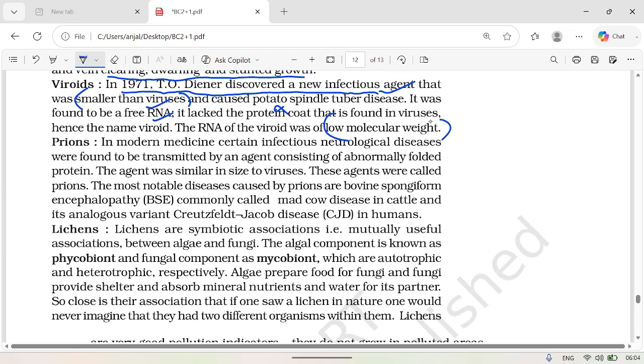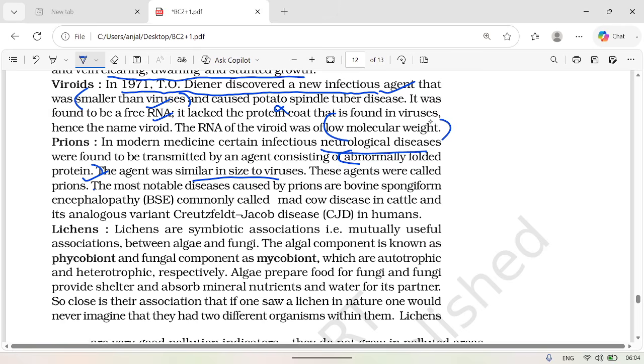That's all regarding that. Next, coming to prions. In modern medicine, certain infectious neurological diseases, that is, diseases affecting the brain, were found to be transmitted by an agent consisting of abnormally folded protein. The agent was similar in size to viruses, and these were called prions.